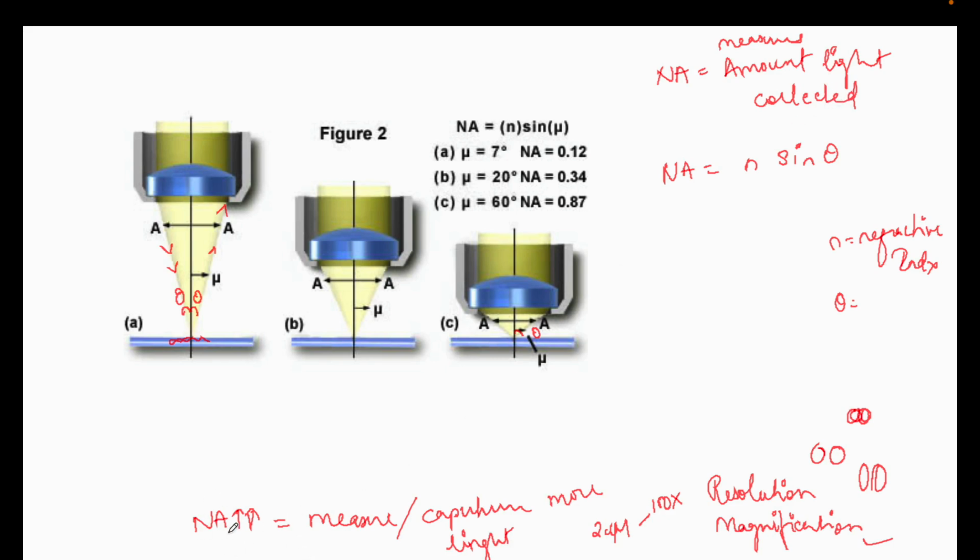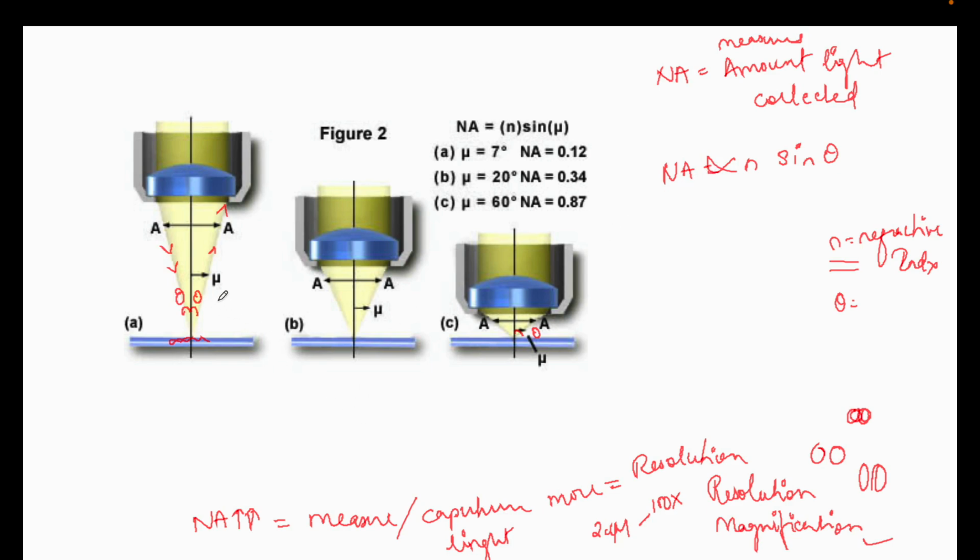So with high numerical aperture, we'll get higher resolution. How can we increase numerical aperture? As you can see, it is directly proportional to the refractive index n, and directly proportional to sine theta. As theta increases, the numerical aperture also increases.